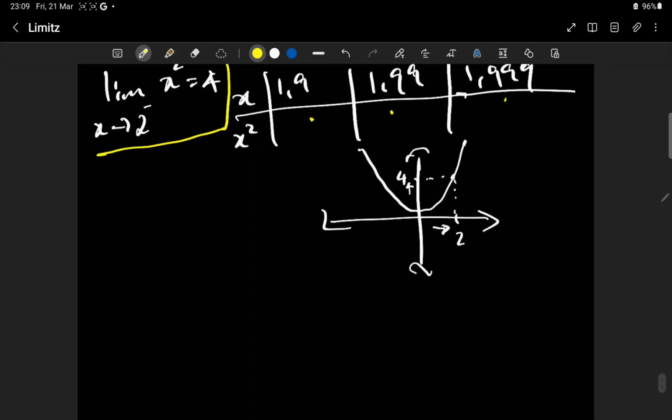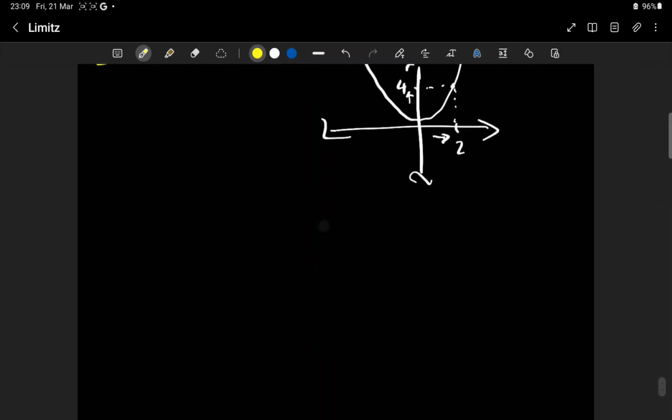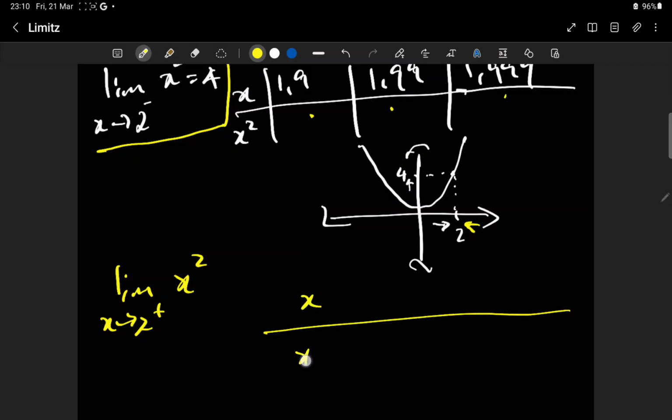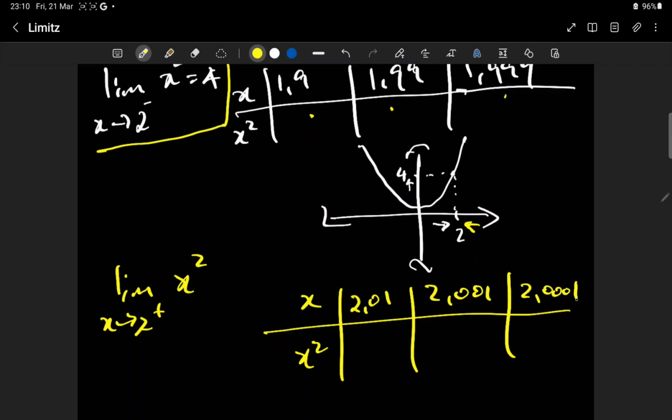But then let's say that we now want to check the limit as x tends to 2 from the right of x squared. So now from the right, we're coming from this side. So obviously if you're coming from the right of 2, you are talking about values like 2.01, 2.001, and 2.0001, etc., if you use this as your progression.